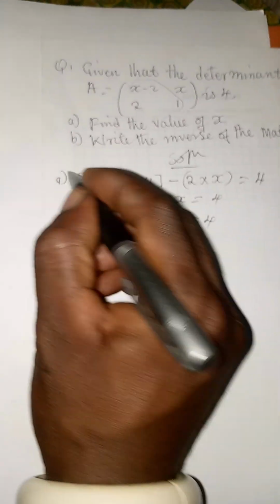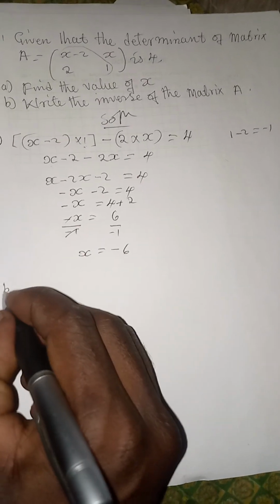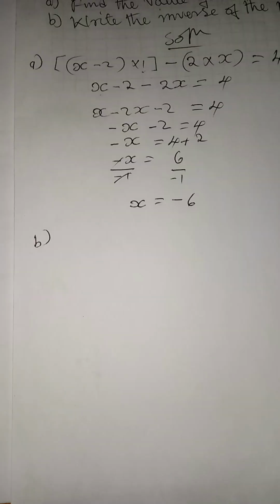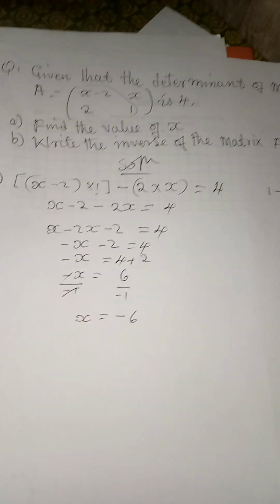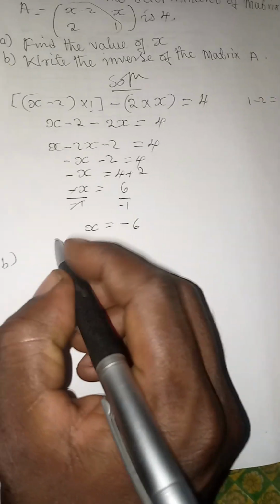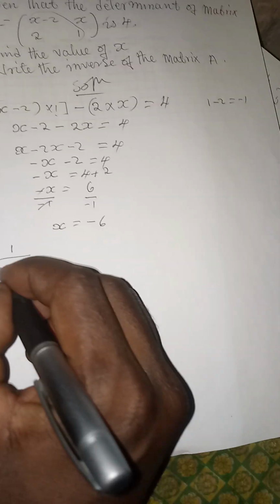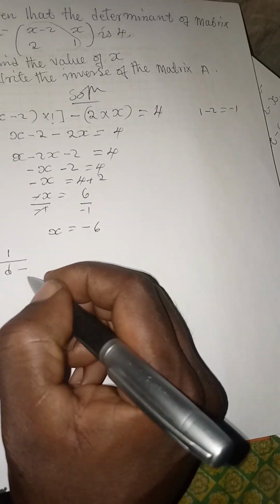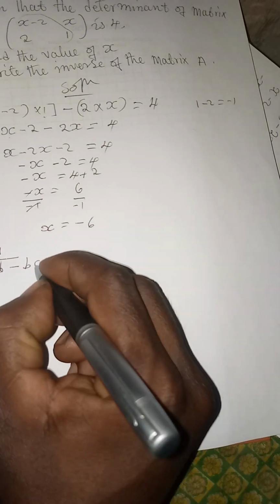Now let's go to B. This was A, so let's go to B. They're saying write the inverse of the matrix A. The formula for finding the inverse of the matrix is given as 1 over AD minus BC.